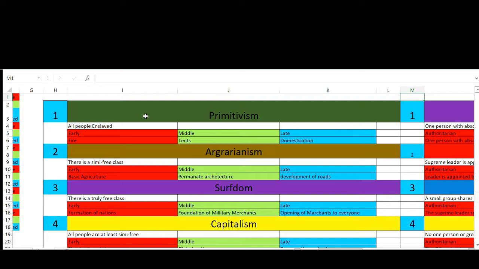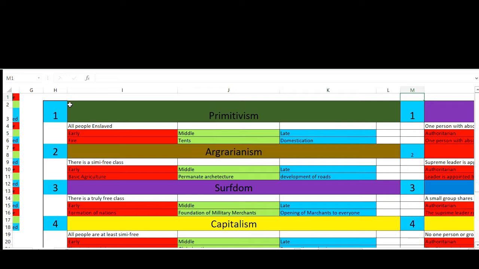They have almost complete control over their time and efforts. People who are semi-free have certain portions of their life that are controlled by someone or something else. And people who are enslaved are completely owned by someone or something else. Alright? So, under primitivism, everyone is fully enslaved.